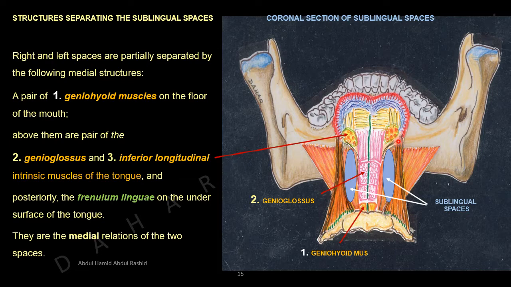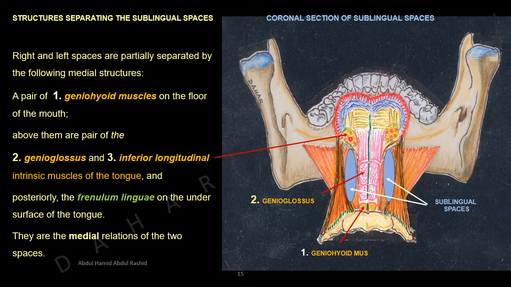Now let's talk about the structures separating the right and left sublingual spaces. The structures are, as I have mentioned earlier, a pair of geniohyoid muscles. They come from the inferior pair of mental spines. Above them is the genioglossus muscle, the big fan-shaped muscle, which comes from each superior pair of mental spines.